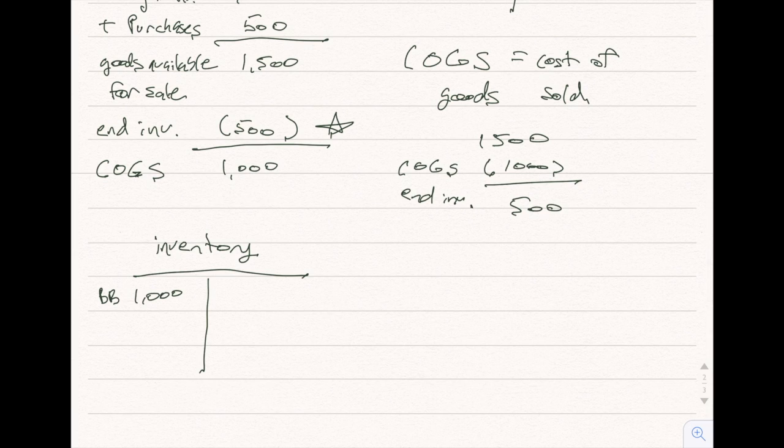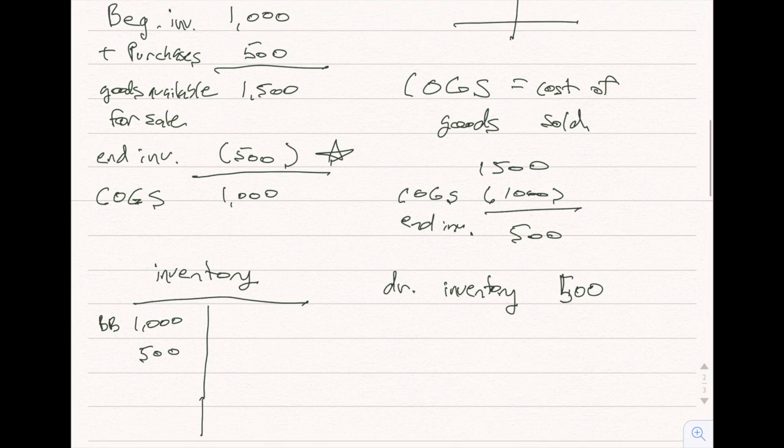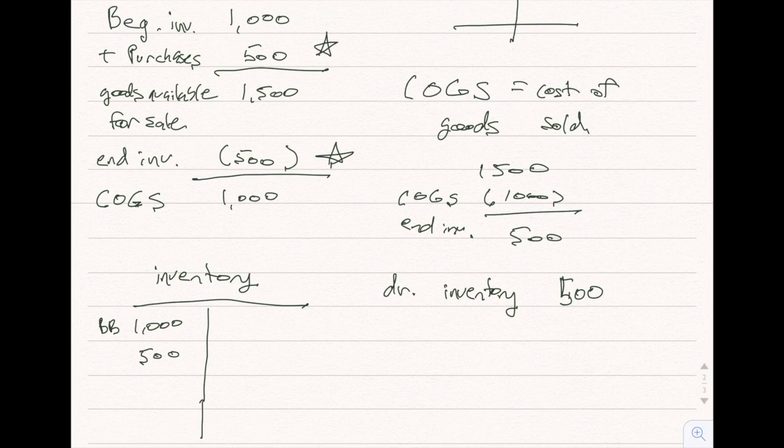At some point in the period, you purchased 500, and notice it's on the left side, right? Because inventory is an asset, so I'm debiting it. And the accompanying journal entry would be debit to inventory of 500. And that's this purchase here.